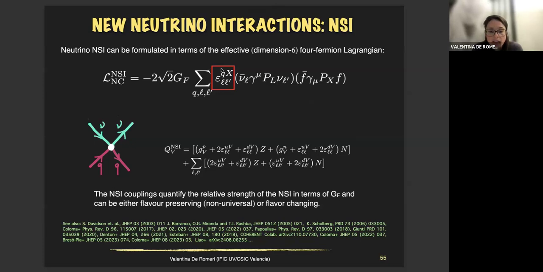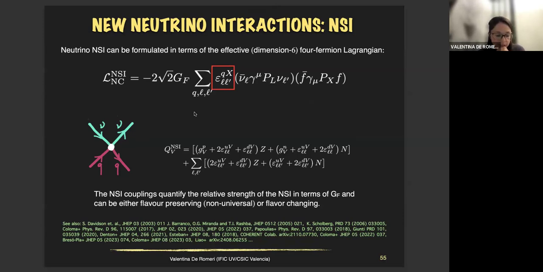Where these epsilons are the NSI couplings that quantify the strength of the new interactions in terms of G Fermi. So basically here, the idea is that we are assuming the presence of some new heavy vector mediator, which is heavy enough compared to the typical momentum transfer of CEvNS to be integrated out, and therefore to allow us to focus on an effective interaction as depicted in this diagram.